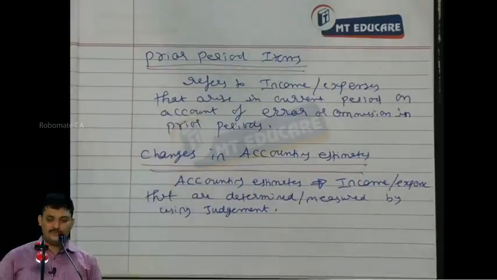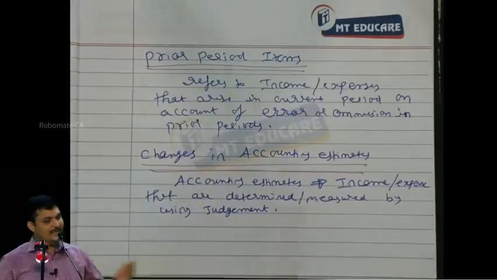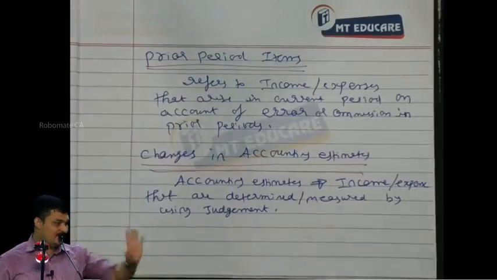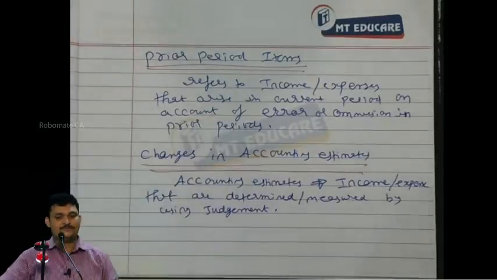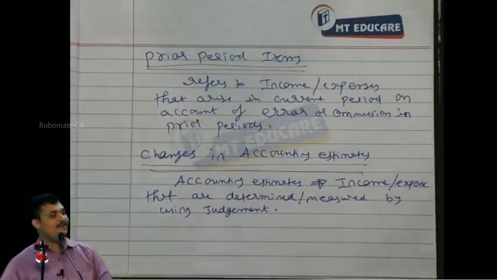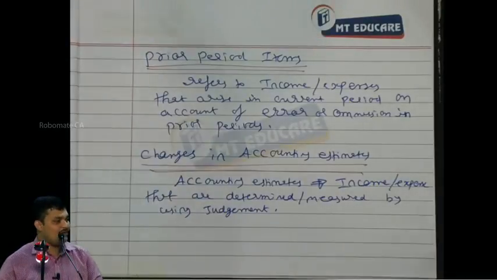In the accounts, we are not actually going to discuss accounting estimate, we are going to discuss change in accounting estimate. Understood? So what is accounting estimate? Anything that is measured by judgment. Depreciation in the P&L is an accounting estimate. Are you following this?